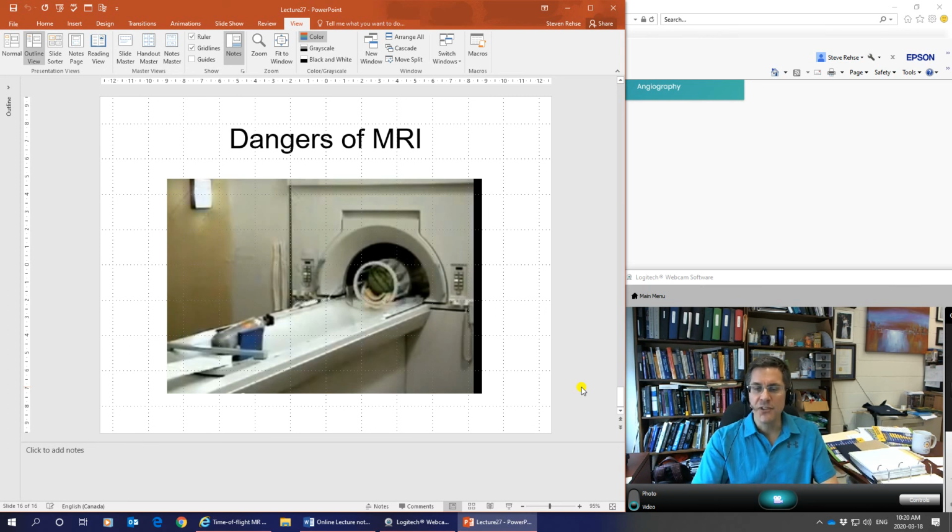If a patient goes in there and does not tell them that they have a pacemaker, the field is strong enough that it could tear the pacemaker out of the patient and kill them. It's a big issue. When we talk to the nurses and the technicians, they're quite interesting to talk to. Most of their job is just asking the patient over and over, do you have anything magnetic? Anything magnetic? Implants. I mean, it could rip it. A magnetic implant could be ripped right out of your bone if the field is that strong.